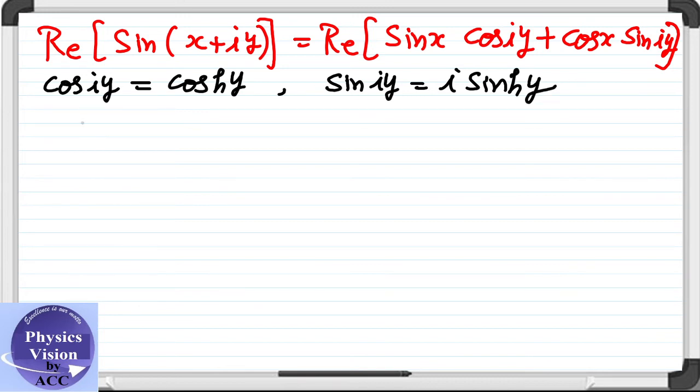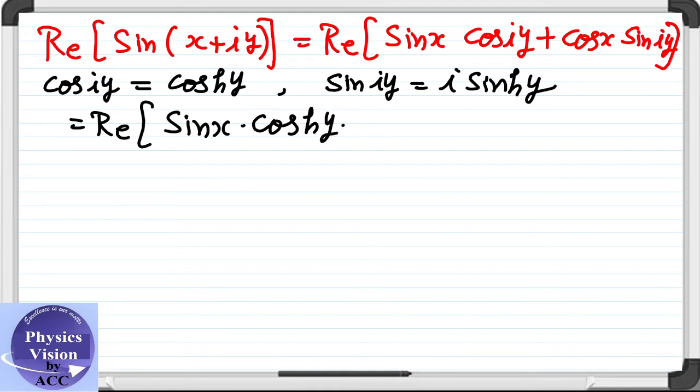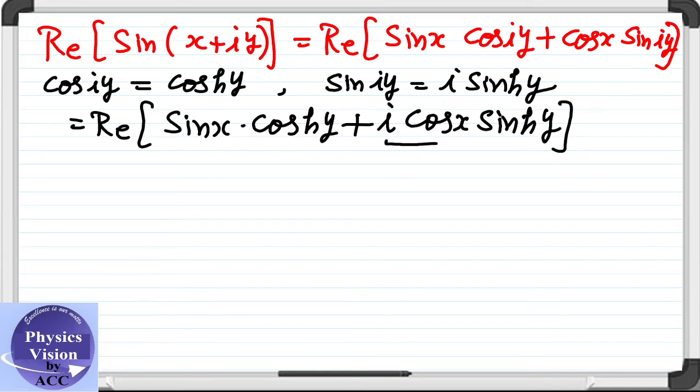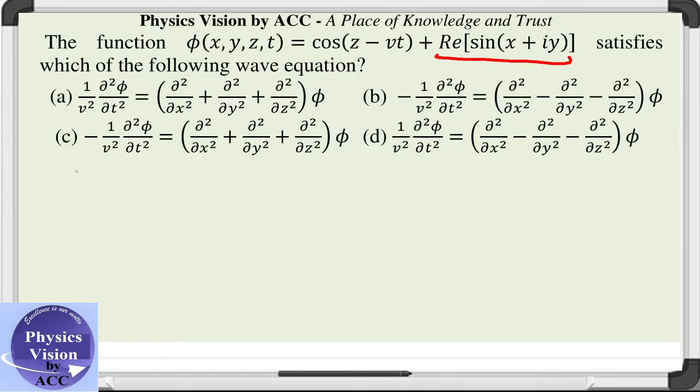Substituting the values here, we got the bracket as sin x into cosh y plus iota cos x into sinh y. So this is the imaginary part and this is the real part. Taking out the real part, we got the function as sin x into cosh y.